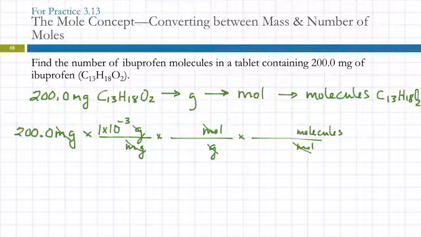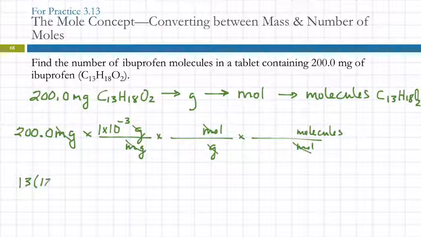So here, moles and grams. What number do we need in there? The mass of ibuprofen, right? The molar mass. So we have to calculate that. So the formula, there are 13 moles of carbon in 1 mole of ibuprofen.